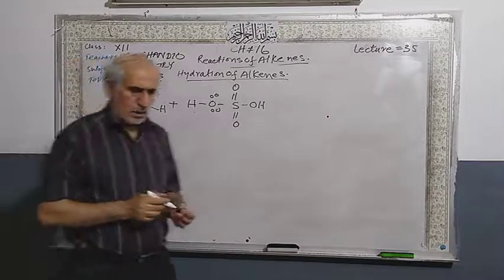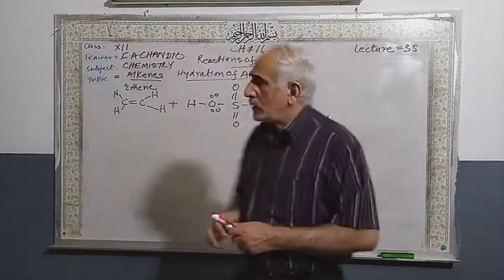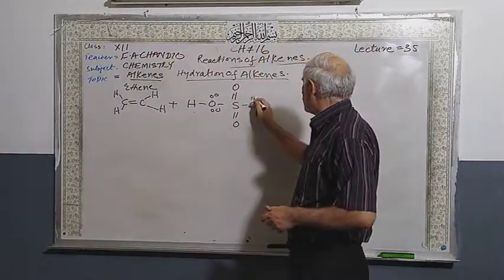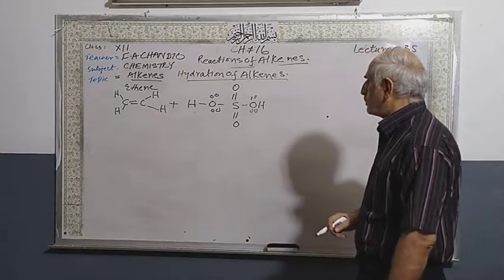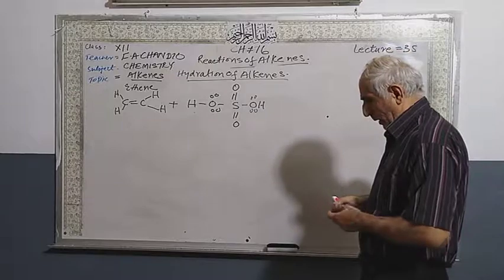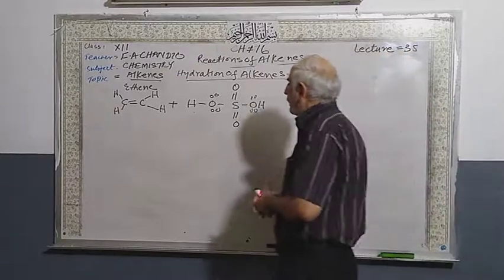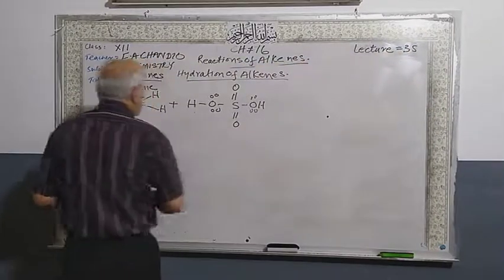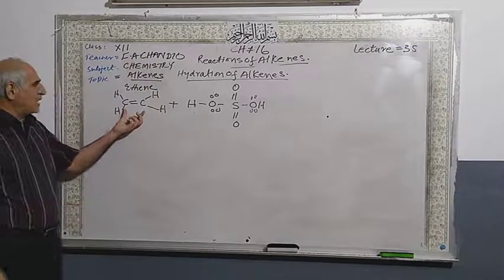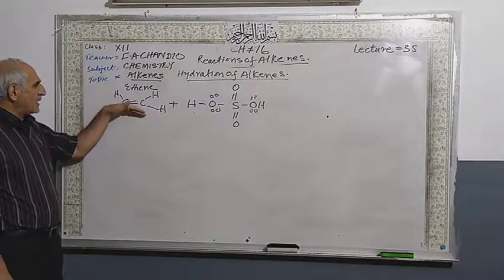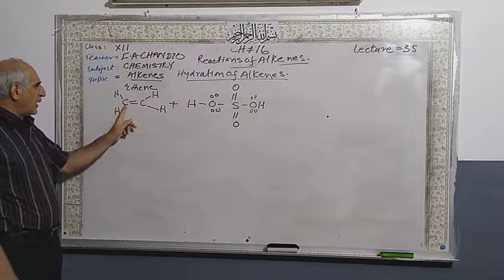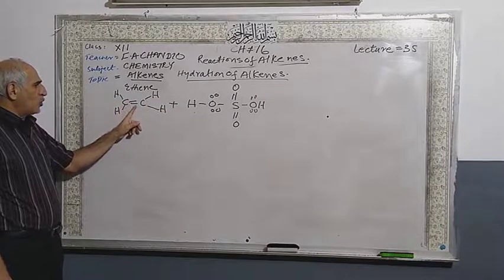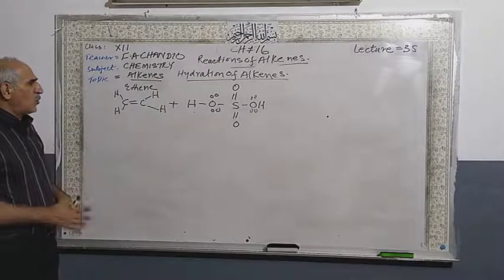This is the structure of sulfuric acid. Now, students, the same Markovnikov's rule is used, but here it is a symmetrical alkene. Both sides contain an equal number of hydrogen atoms. So hydrogen will be attached here, the double bond is removed, and HSO4 will be attached.